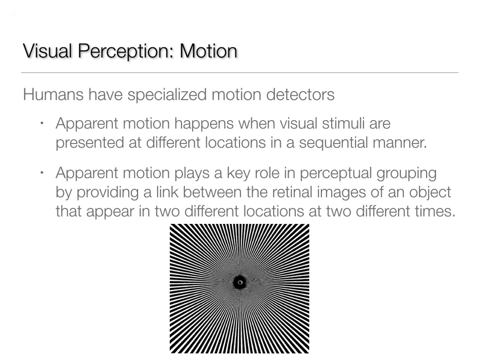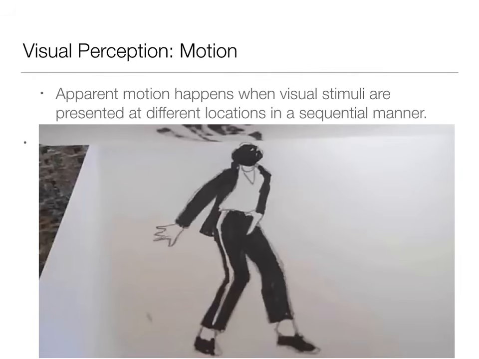Now, this image is a little harder for understanding apparent motion, as opposed to the flip book that we had as children. Apparent motion is that flip book technology, right? And I say technology in a loose sense, though I'm sure it was invented at some point. These visual stimuli are presented at different locations in a sequential manner. You're like, what are you talking about?